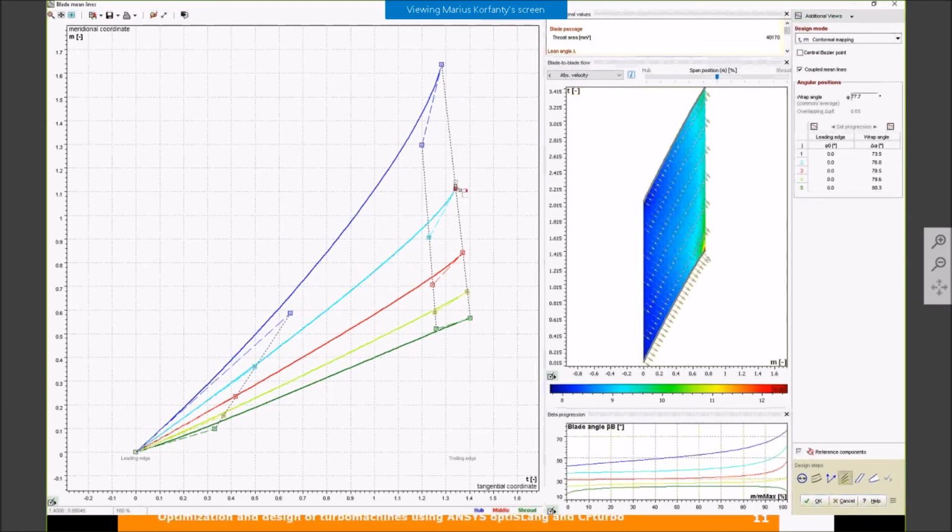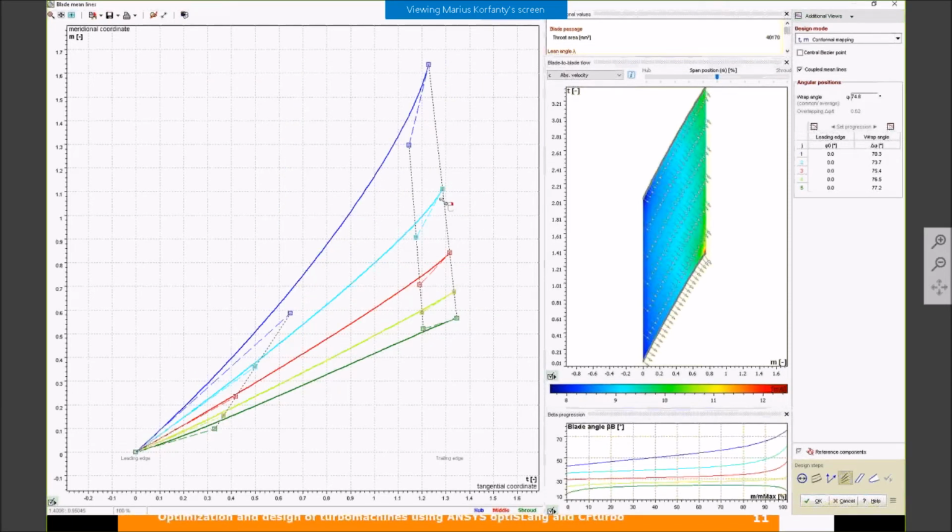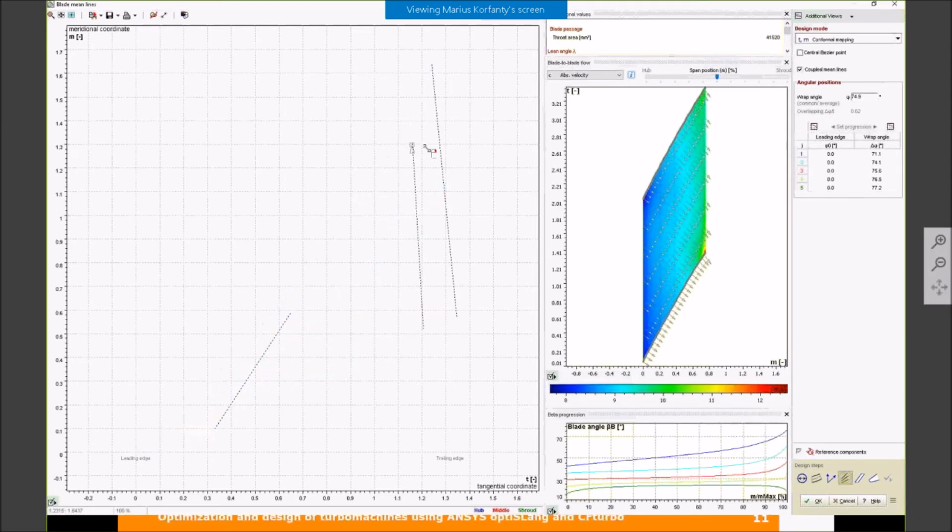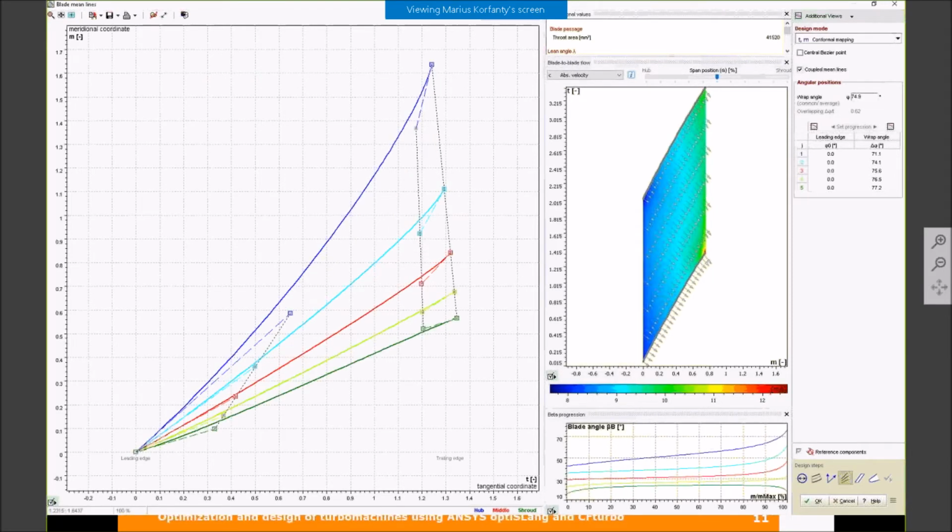And I have to mention that each geometry is described by a Bezier spline, and each control point of this Bezier spline can be used as an optimization parameter.